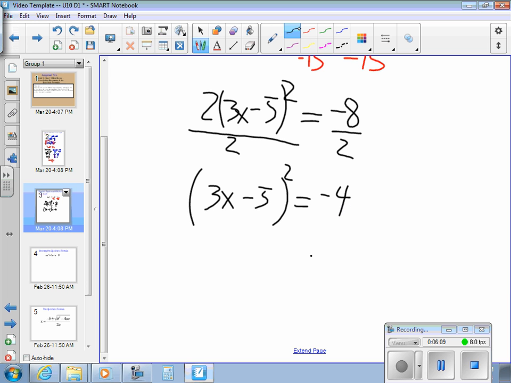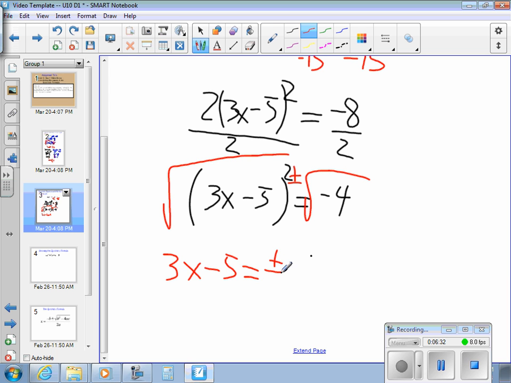Now, we're going to take the square root of both sides. And of course, there's that plus or minus that we have to put in. So now, here, the square root and the square cancel each other out, and we've got 3x minus 5. And that equals plus or minus, we have an issue.